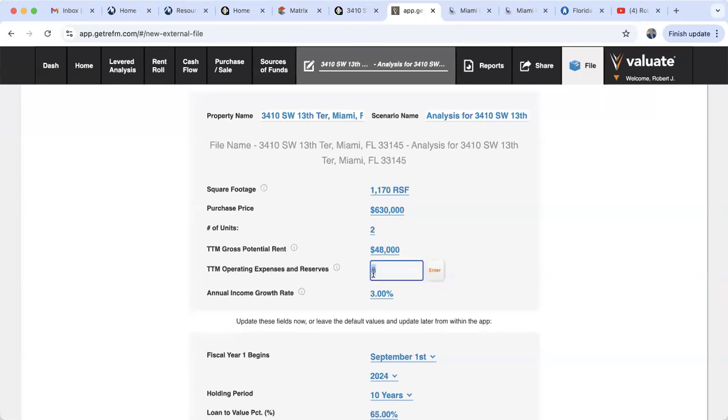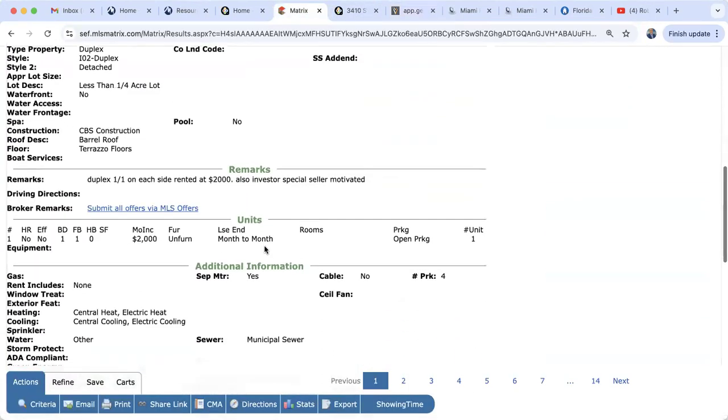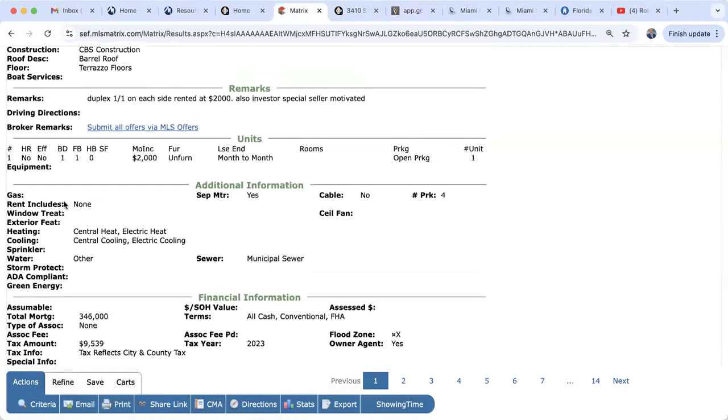Let's put in gross expenses. Let's just put a number here. All right, let's just put 18,000 for taxes, insurance, and utilities and whatnot. So $18,000. Okay. Now, real quick here. Does rent also include anything? So no, it doesn't.